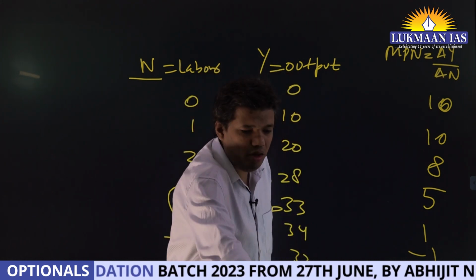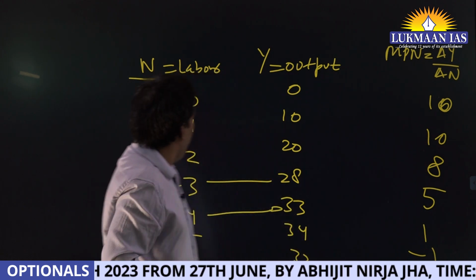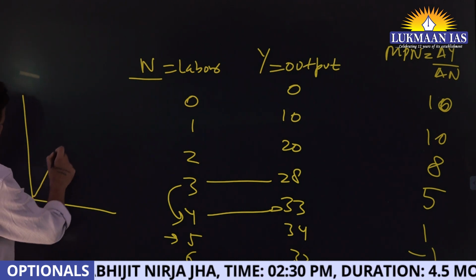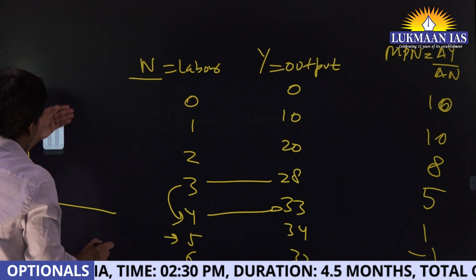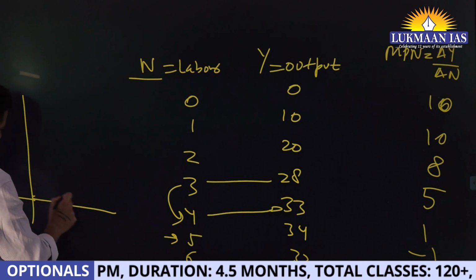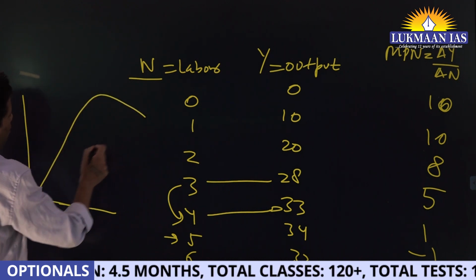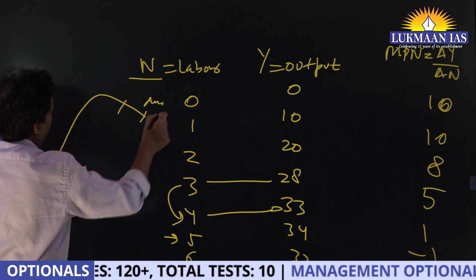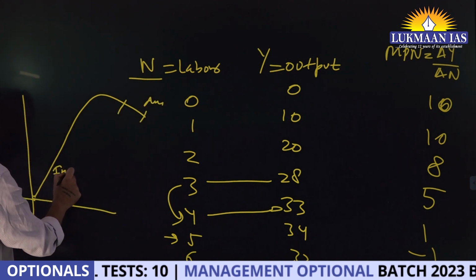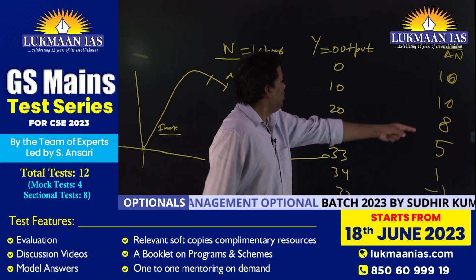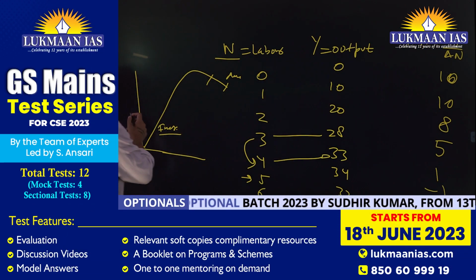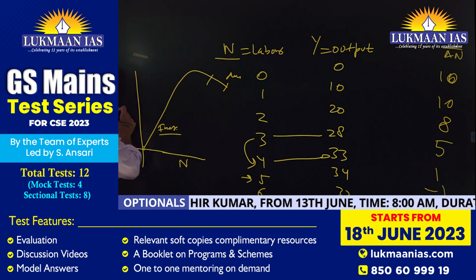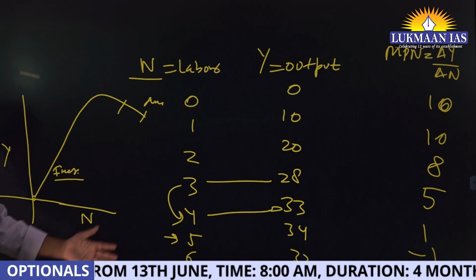So how can you represent this graph? You can represent it like this. Initially it is constant here, this is the diminishing part, and here is the increasing part, with labor requirement and output on the axes, right? Do you understand this graph?